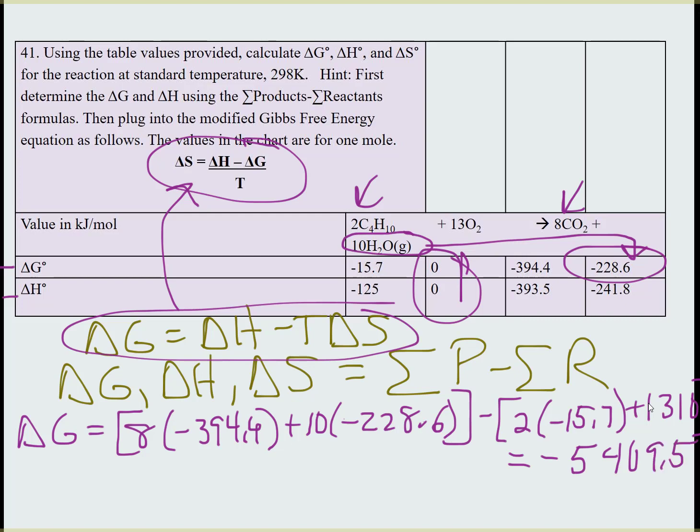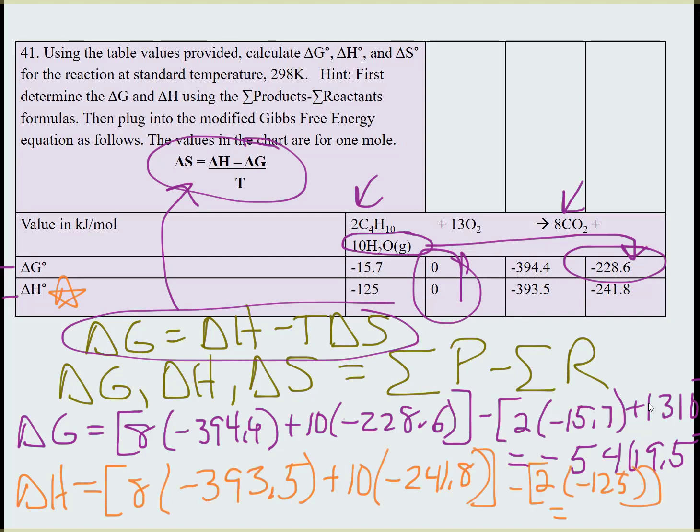Then I'm going to do the same thing for my delta H, but just use the delta H values, the ones on the second line. So let's quickly set that up. For this, I get a minus 5,316. I'm going to take those values and put them up here.